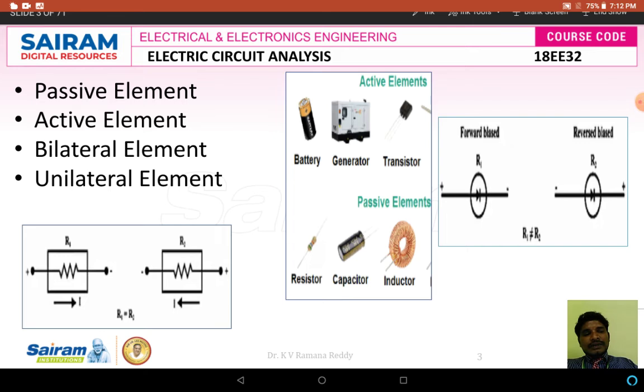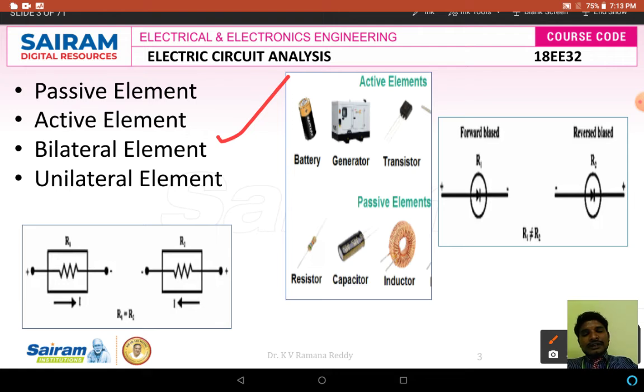The next element is the bilateral element. Bilateral elements are those elements which have bilateral ends, and the rate of flow of current on either side is equal. Then the element is called a bilateral element, which satisfies the bilateral property.